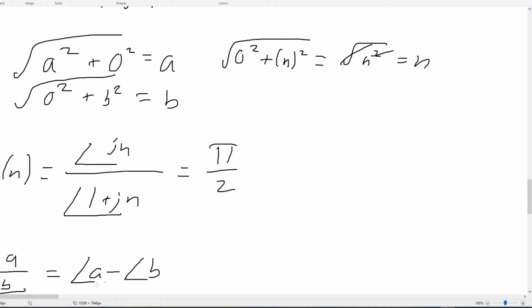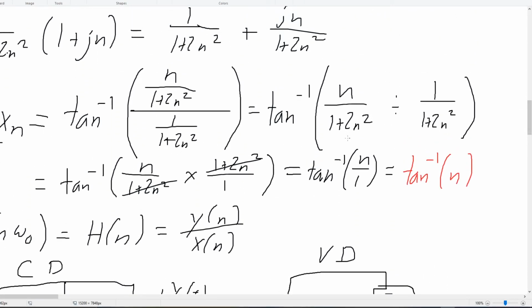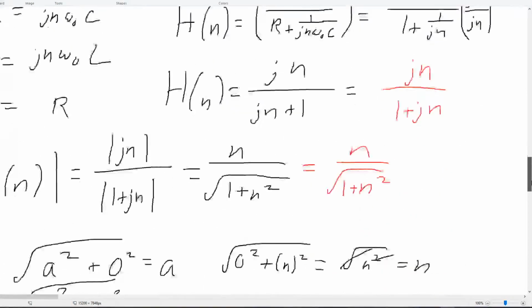For this part, though, this part is a little bit different. This part we actually did before as well, so you were starting to see a pattern here. Angle of xn. This one was the angle of 1 plus jn. And what do we get this to be? We got this to be inverse tangent of n.